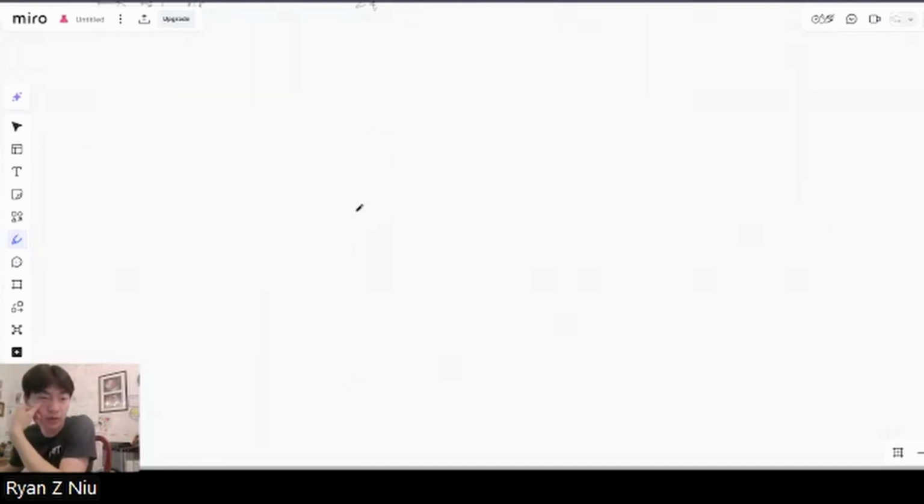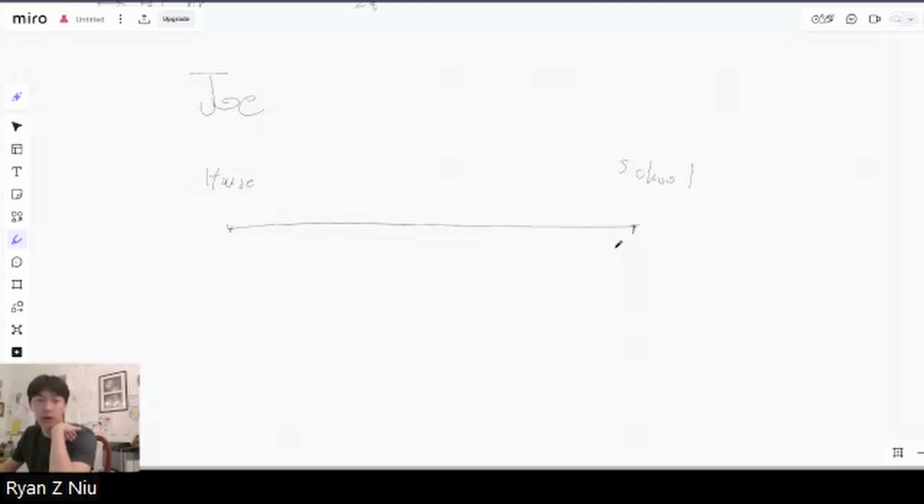Okay, this problem says Joe, right? He's on his way to school. So this is his house, and then over here is school, right? He's walking to school, and then all of a sudden, exactly halfway between his house and his school, he realized he was late.